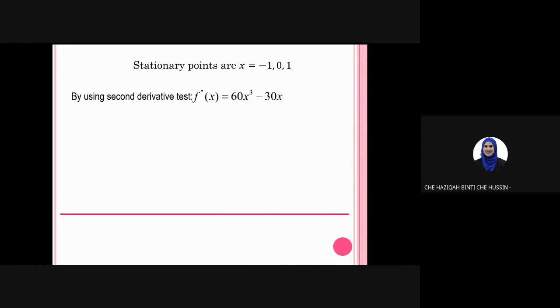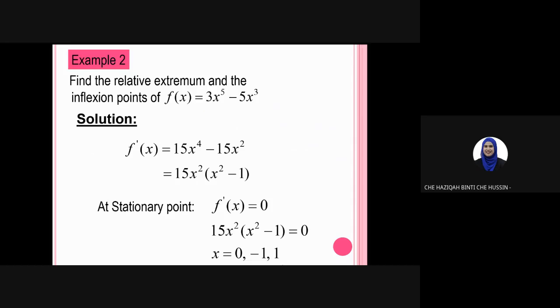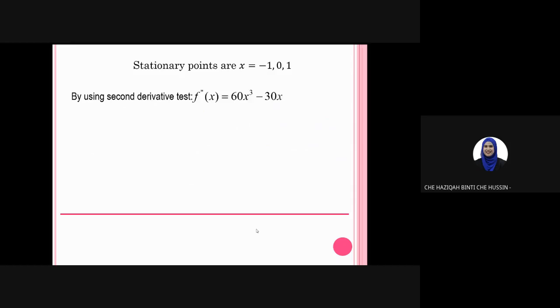By using the second derivative test, we need to differentiate once again. Differentiate this one and we will get 60x cubed minus 30x. So we substitute the value of x. When x equal to negative 1, we substitute into this second derivative. It will be negative 30. If negative 30, it is less than 0, so it will be relative maximum.